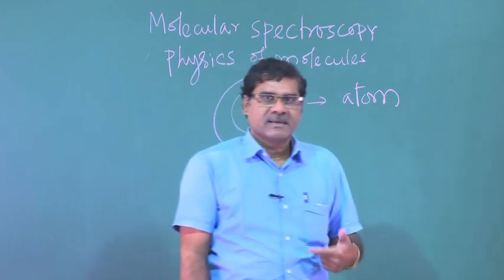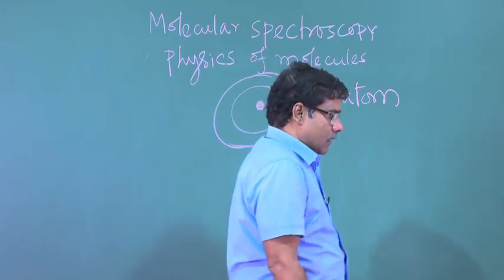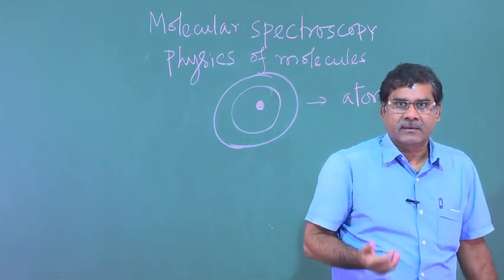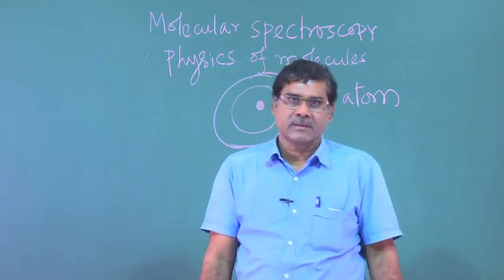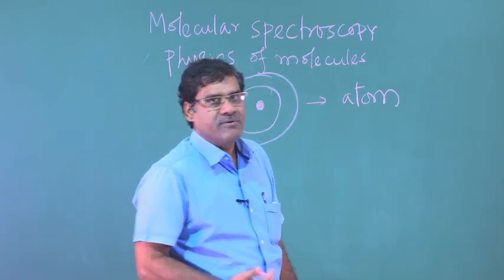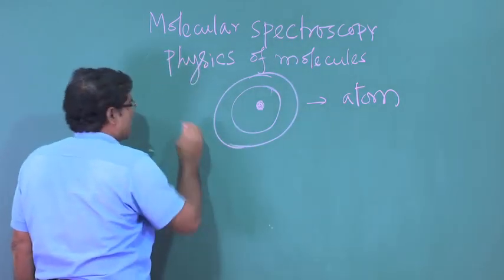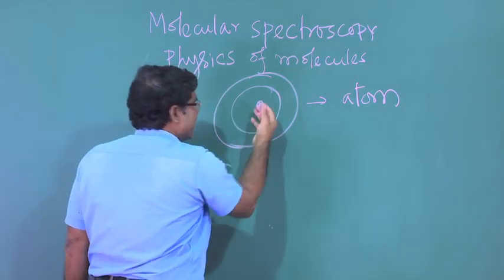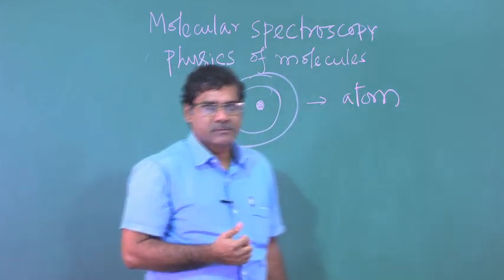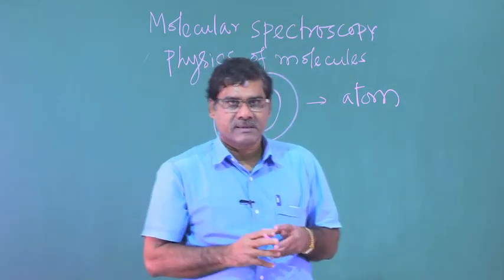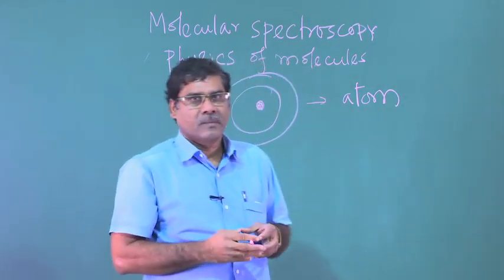Now, a molecule is basically a bound system of electrons with more than one nucleus. So, when electrons are bound with one nucleus, then it is an atom.